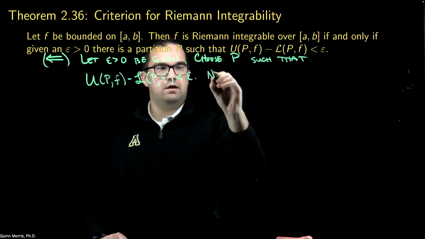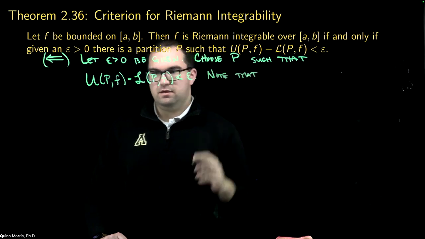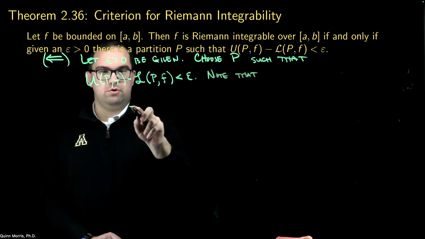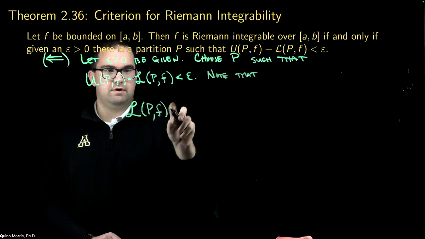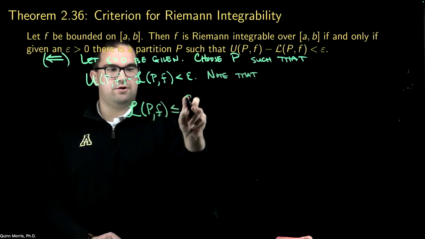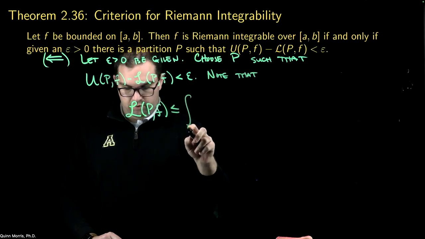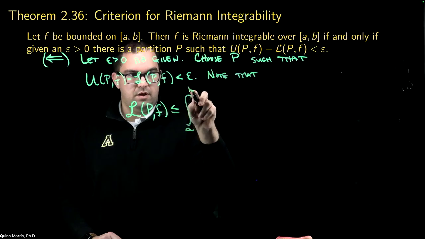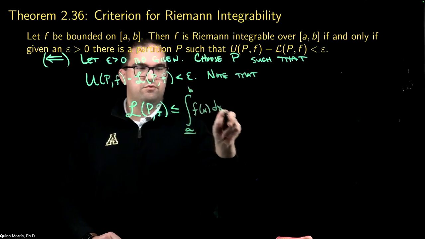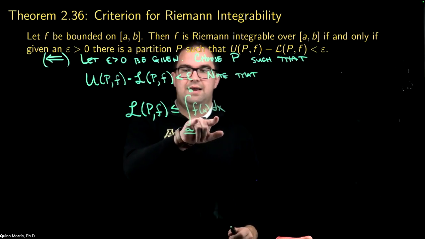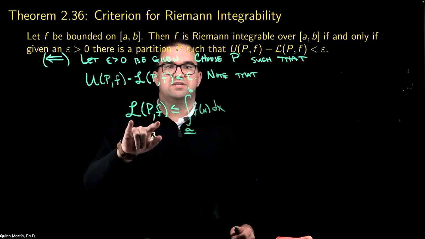However, I want you to note that this particular lower sum is always going to be less than or equal to the lower integral of f over a, b, because this is defined to be the supremum of all quantities of this type.